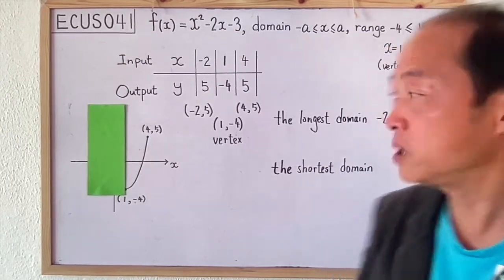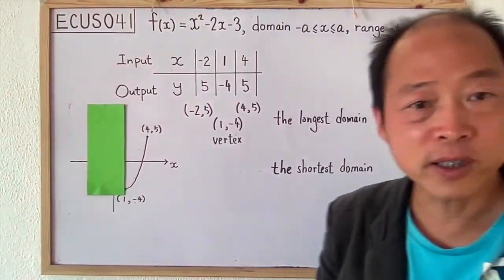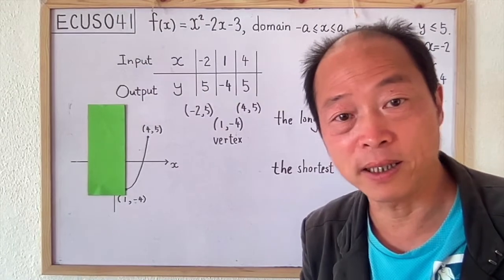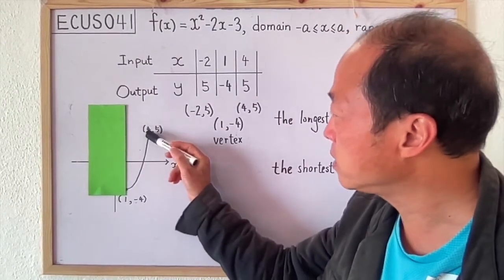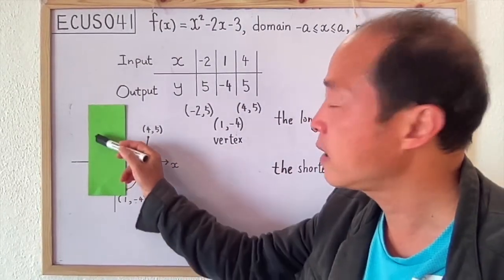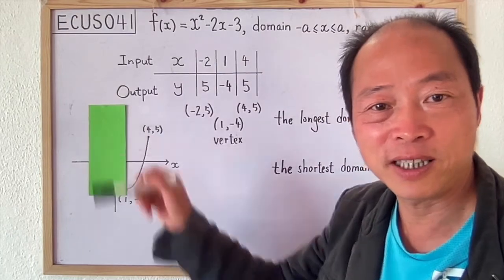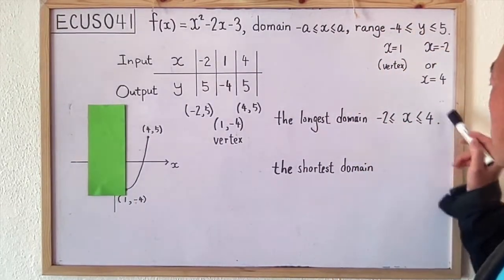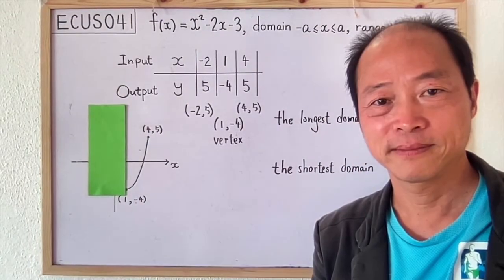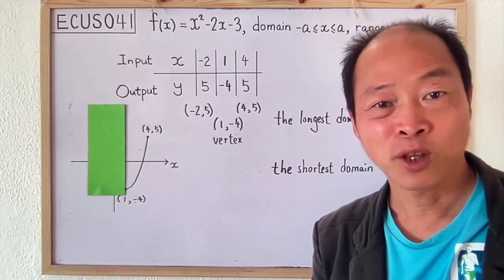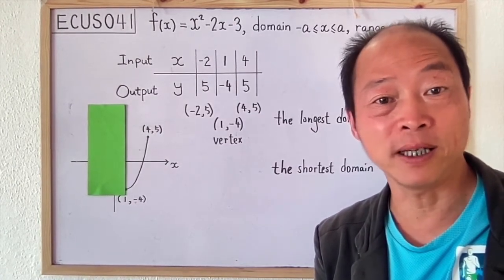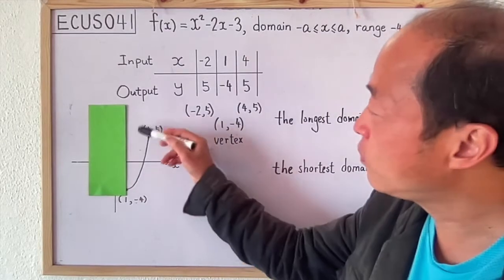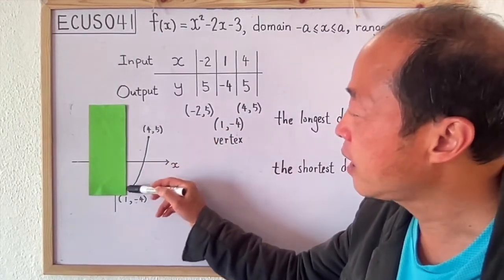Therefore, to keep this range, the longest possible domain is X is between 4 and -2, and it is the same as this one. However, the shortest possible domain is x is between 4 and 1.